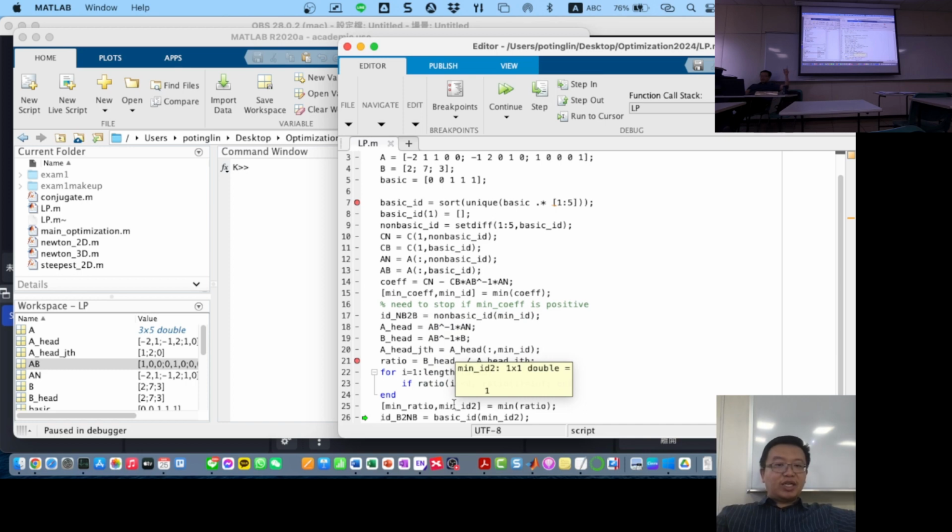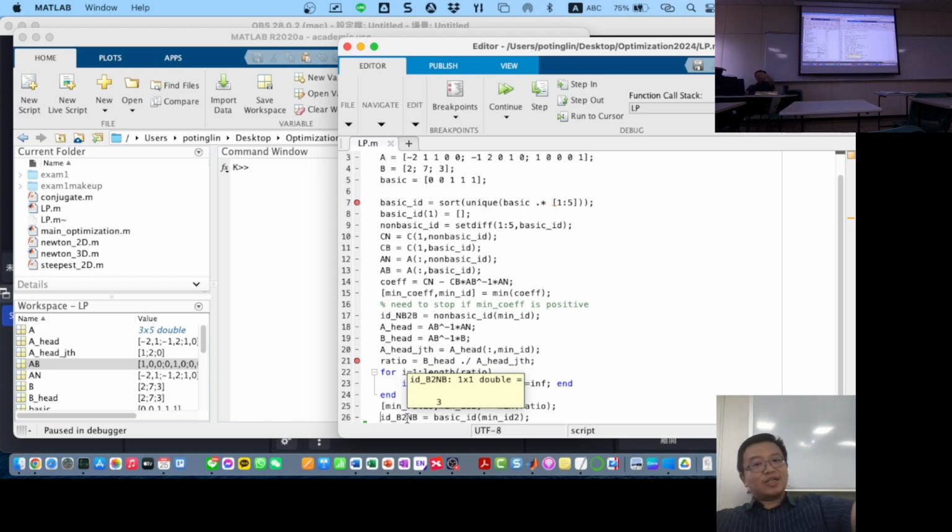The min ID is the first one. So the first one has to be swapped. So the first one inside basic ID. Basic ID is 3, 4, and 5. So the first one out of 3, 4, and 5 is 3. So from here, the ID to be swapped from basic to non-basic is X3.